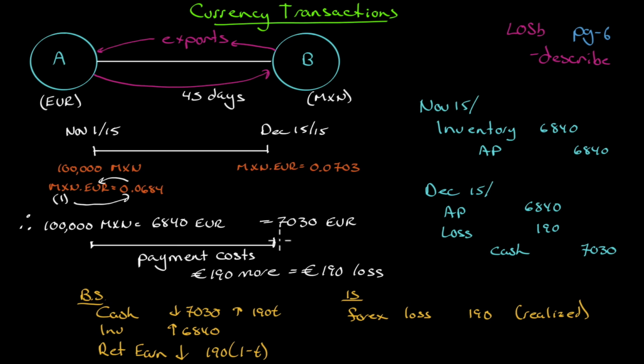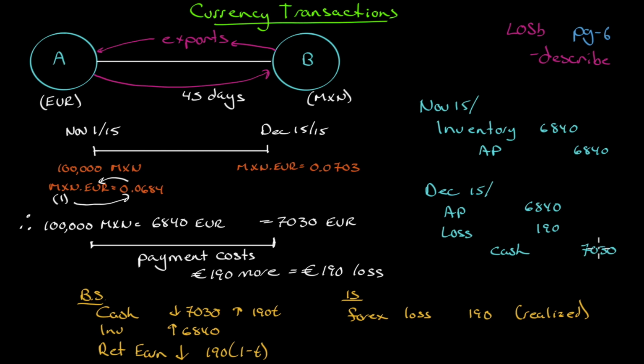Well, it turns out now that the European company must now spend 7,030 euros to pay off 100,000 Mexican pesos. If they would have paid for it on day 1, it would have cost 6,840. So the payment costs 190 euros more, which means we have a loss of 190 euros. We could have paid 6,840, but because the exchange rate worked against us, we now must pay 7,030 to pay off a debt that's only 6,840. So we lost 190 on the deal.